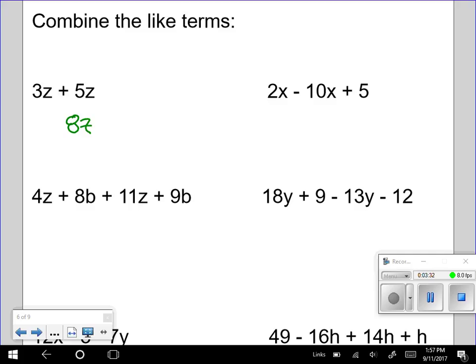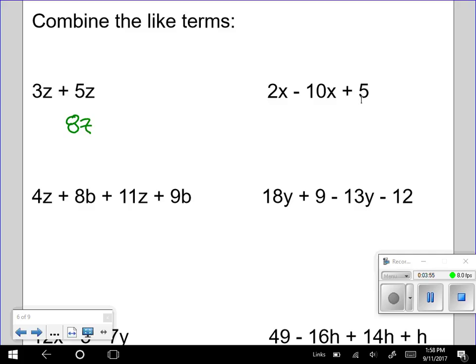Okay, let's look at this next one here. 2x minus 10x plus 5. So I have to determine which ones are like terms. Well, 2x and 10x are like terms because they both have an x and they are both raised to the first power in this case. 5 would not be considered a like term.